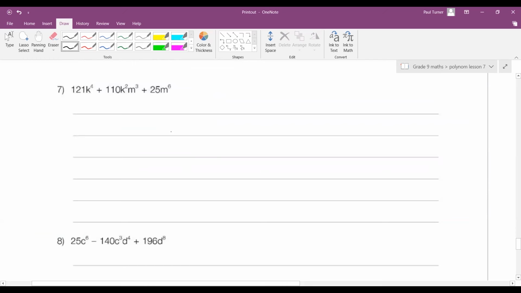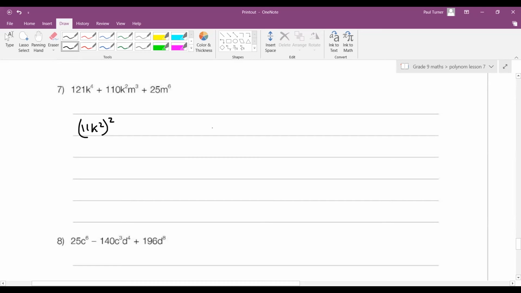Now for 7, I'll do 7 and then we'll move on to the last question. When you get good at it, you can actually do it fairly quickly. So 121k4 would be 11k squared all squared.